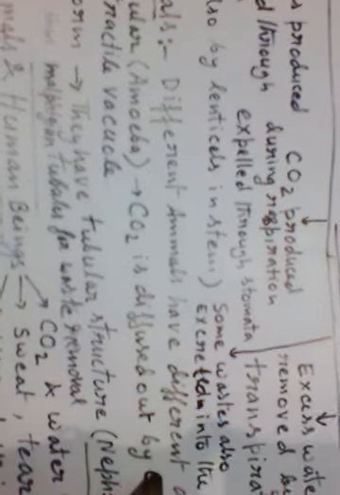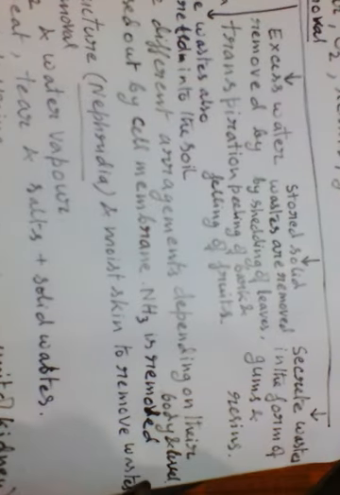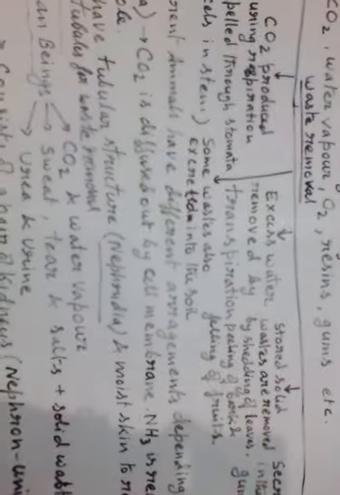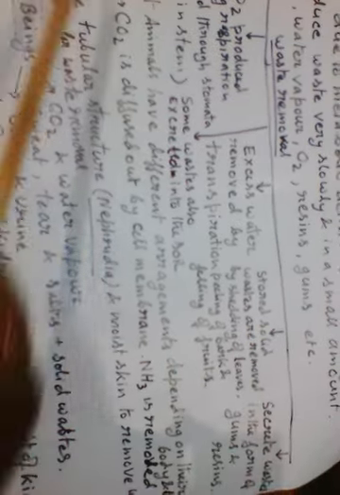Now let's see how excretion occurs in animals and higher organisms. In animals, different animals have different arrangements depending on their body composition and the level of organization. That means either they are unicellular or multicellular.